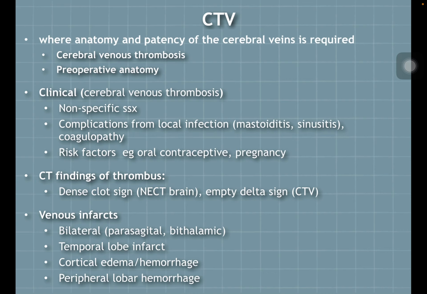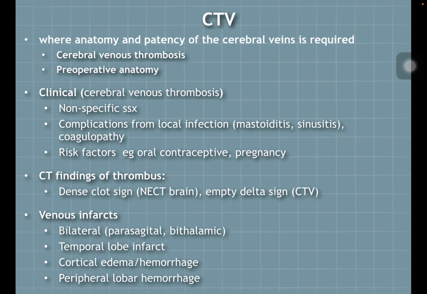and there is a possibility of venous thrombosis when we see a direct sign of thrombosis, a hyperdense sign, or infarction in a non-arterial location. For example, if it occurs in a parasagittal or bithalamic location, or if it's hemorrhagic, a cortical or lobar hemorrhage, or if there is a finding of cortical edema.